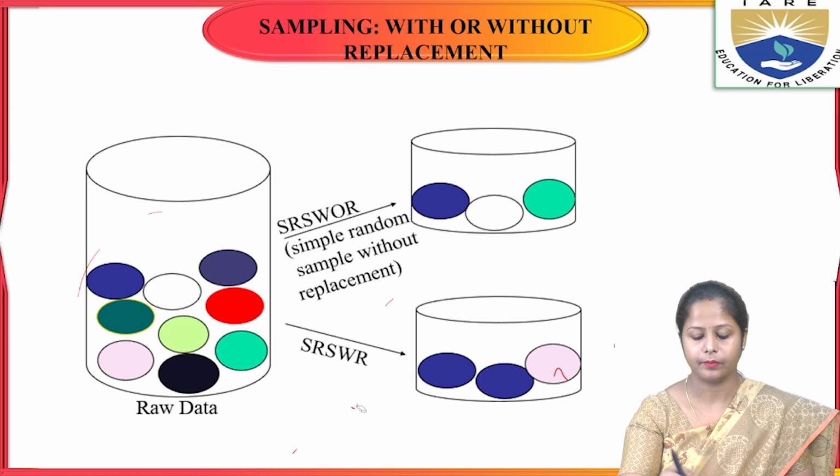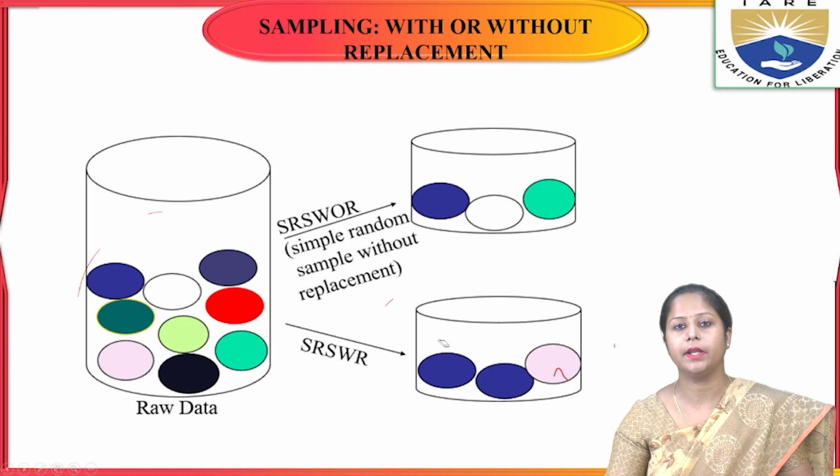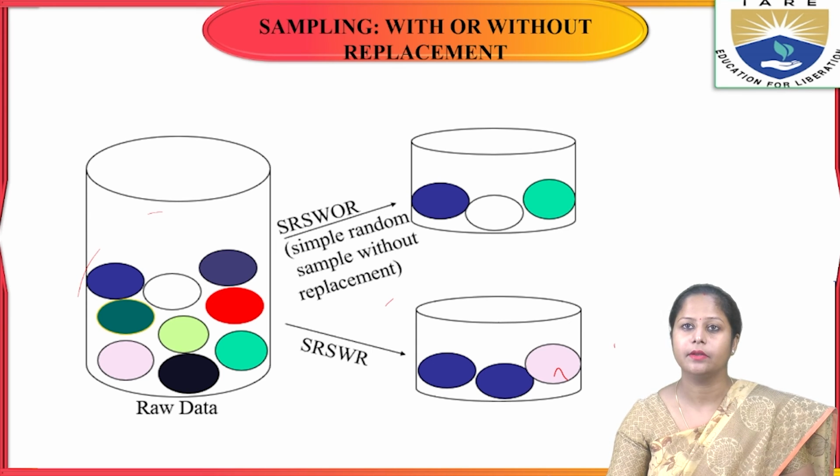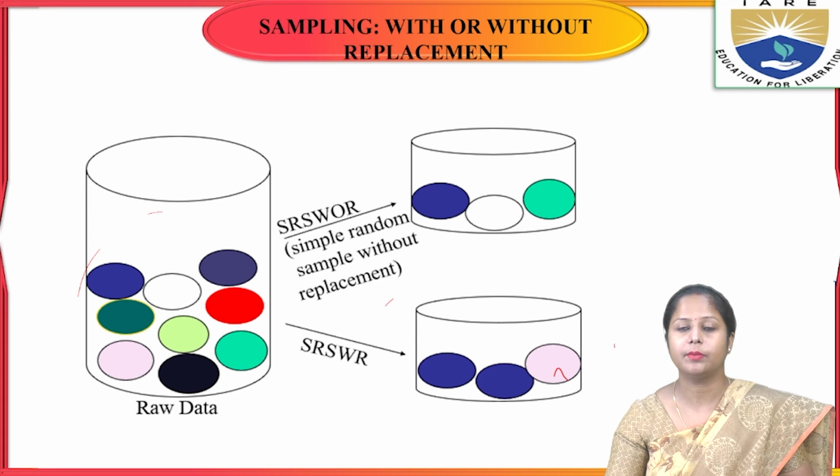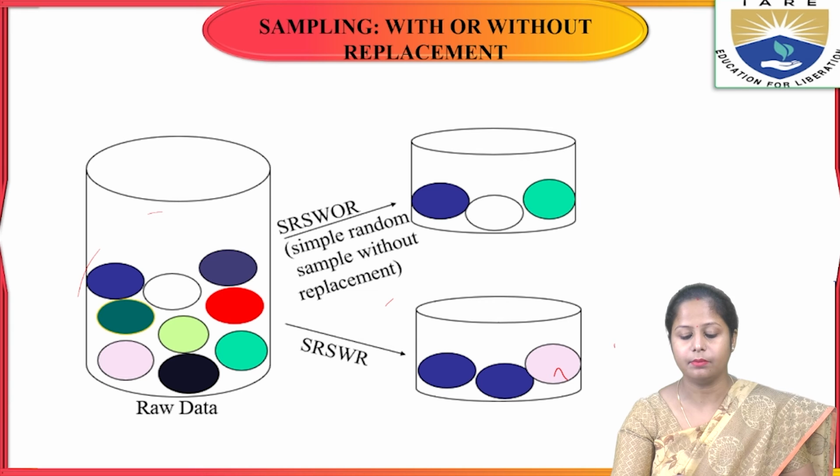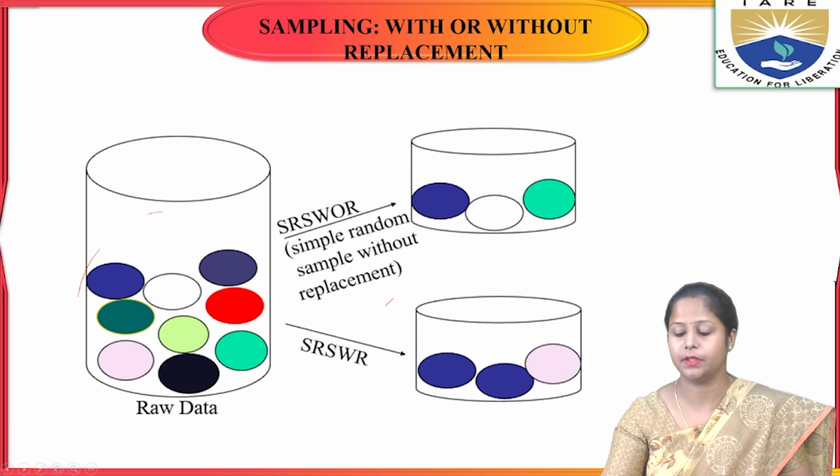What is sampling actually? We take some part of any population as an example, which will hold true for the whole population. That is called sampling. We have seen some types, and real-time examples of how we do sampling without replacement and with replacement.